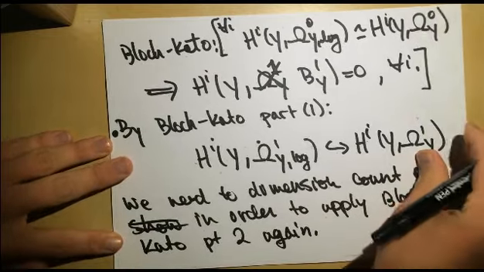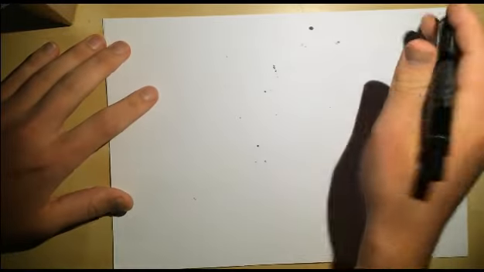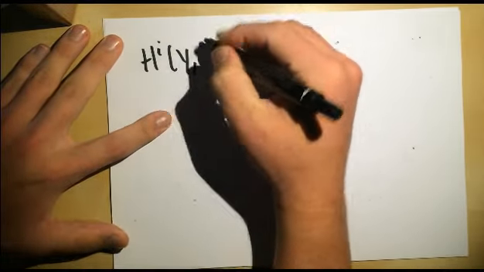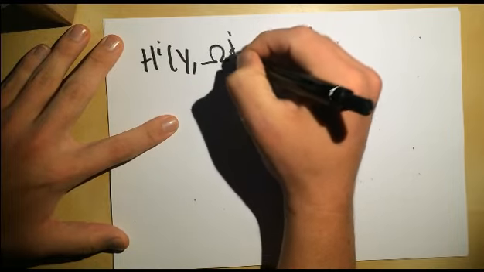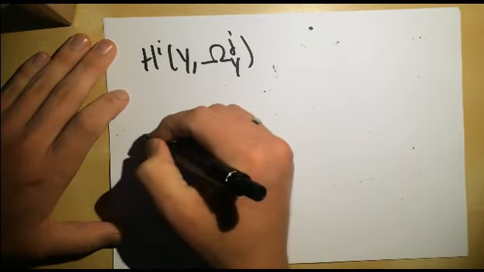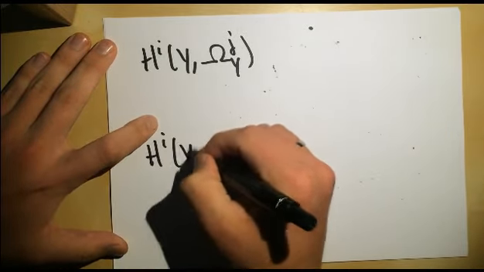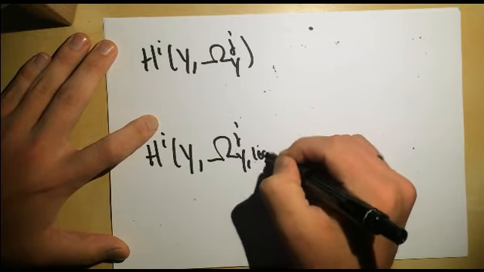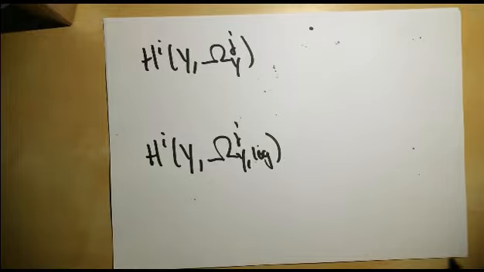Okay, so let me tell you how the dimension count works. The dimension count for every one of these, so what we'll do is we'll do H^i(Y, Ω^j_Y). Okay, this is one thing that we need to count, and then we need to count this thing, J. Okay, so how do you count this?